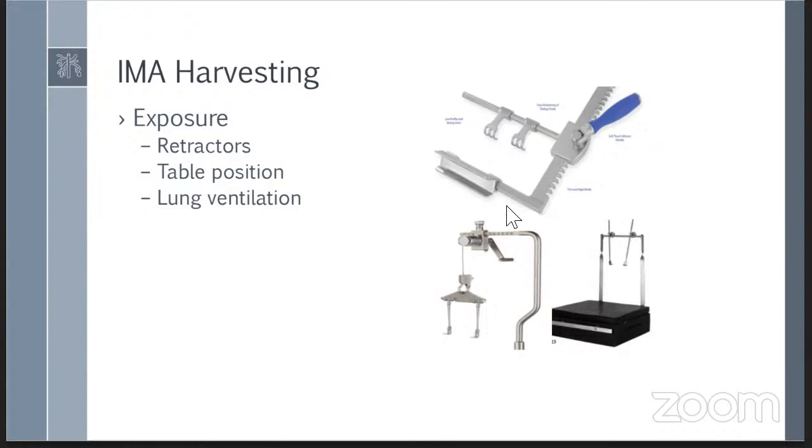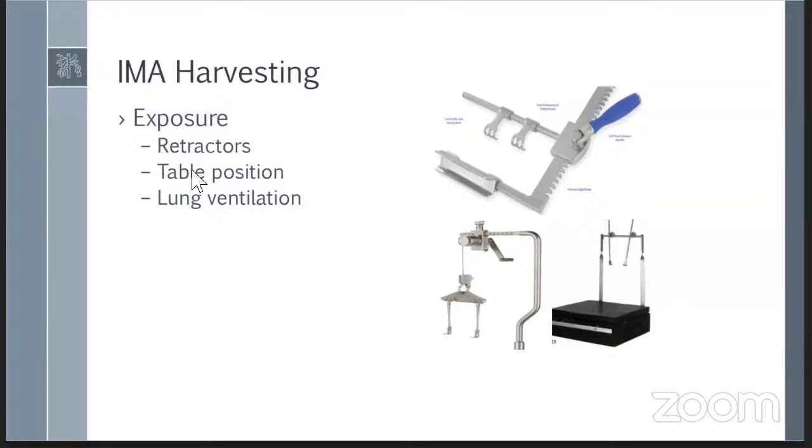You have also the one on the left, to position it on the table. I used to remember its name, I think it's Pavlo. This one is the rule track retractor. And also the table position, you have to adjust it to improve exposure of the left mammary artery.